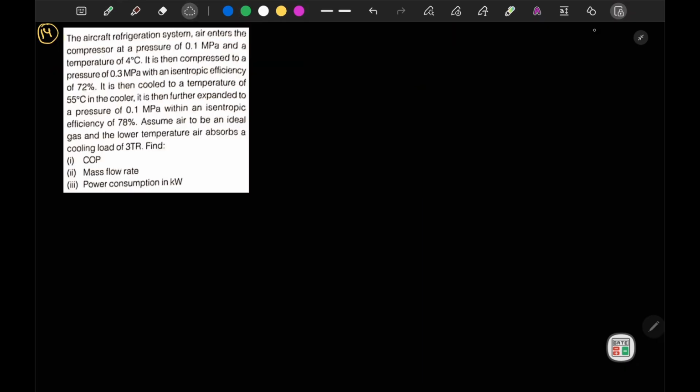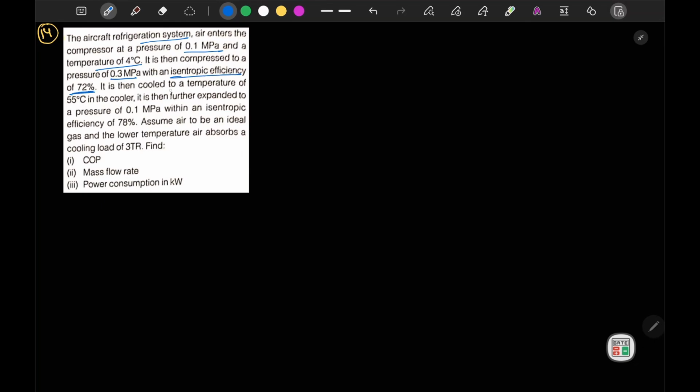Okay, now let's look at this question. This is our conventional question. Aircraft refrigeration system: air enters the compressor at 0.1 megapascal and temperature 4 degrees Celsius. It is compressed to a pressure of 0.3 megapascal and isentropic efficiency is 0.72.